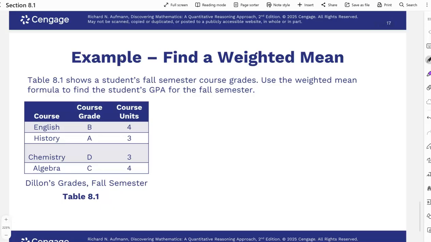Let's say we want to find the weighted mean. So this student had a B in their English course that was 4 credits. In history, they had an A that was 3 credits. Chemistry, they made a D, and that was a 3 credit course at this example college. And then algebra was a 4 credit course, and they made a C. And we want to figure out what the weighted mean is.